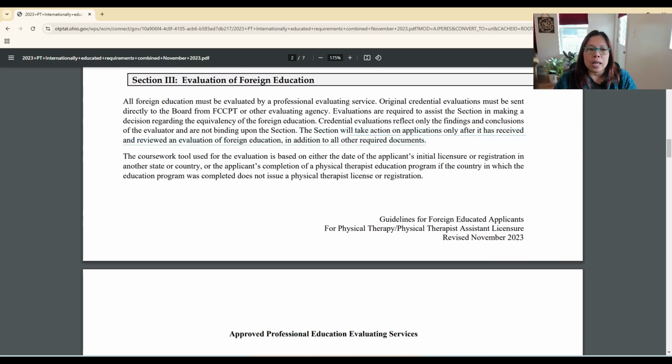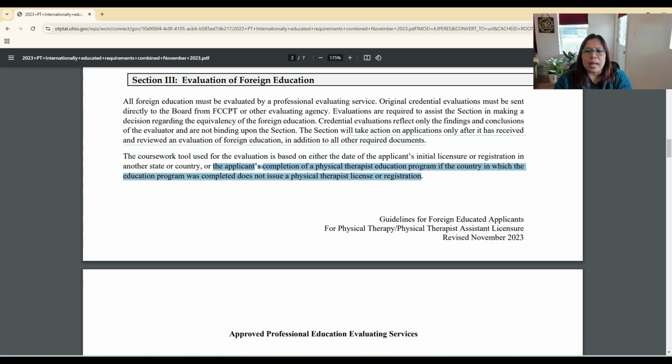Okay, so here they also specify the coursework tool. The coursework tool used for evaluation is based on either the date of the applicant's initial licensure or registration in another state or country, or the applicant's completion of a physical therapist education program if the country in which the education program was completed does not issue a physical therapist license or registration.